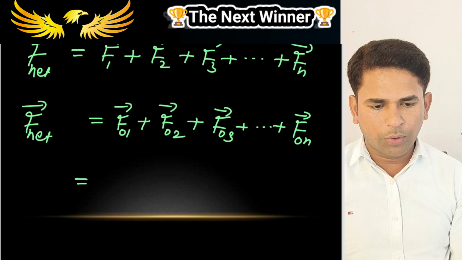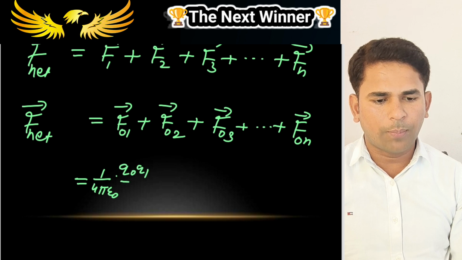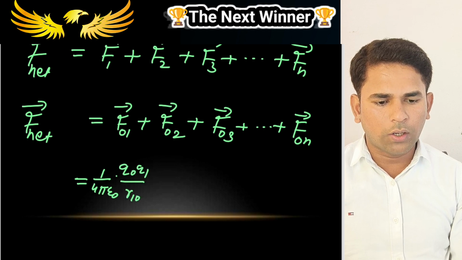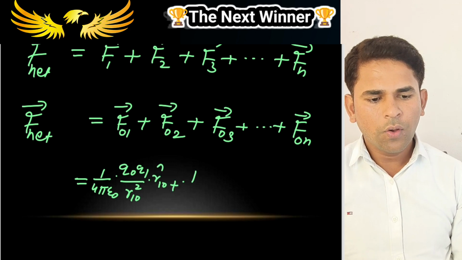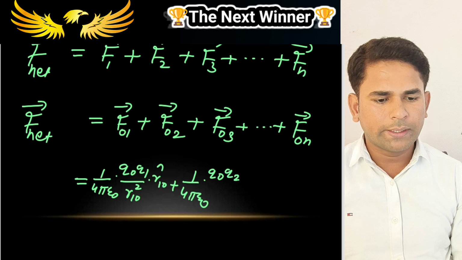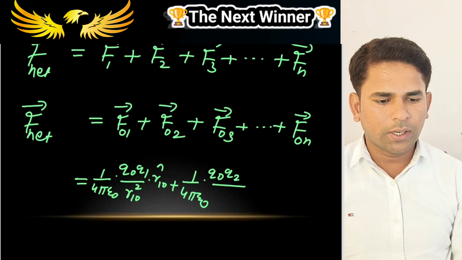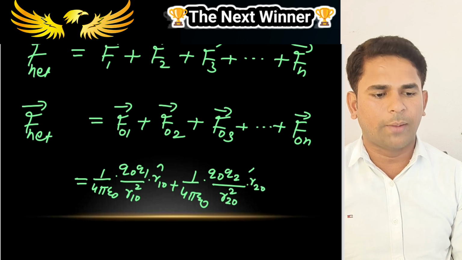So here you wrote 1 upon 4 pi epsilon naught into q naught q1 upon r1 naught square into r1 naught cap for this one. Very good. Plus 1 upon 4 pi epsilon naught into q naught q2 divided by r2 naught square into r2 naught cap.